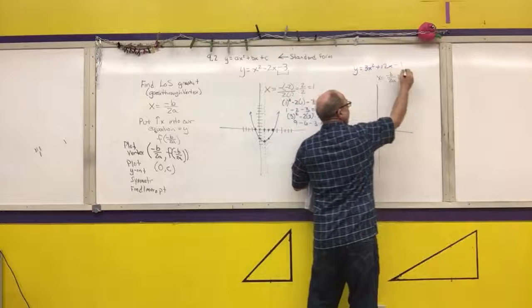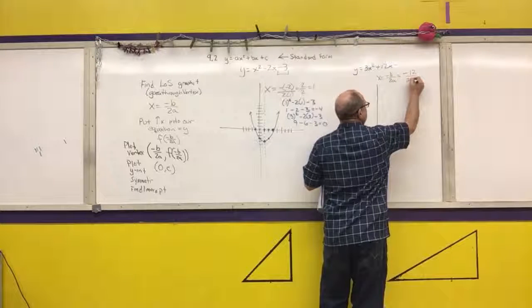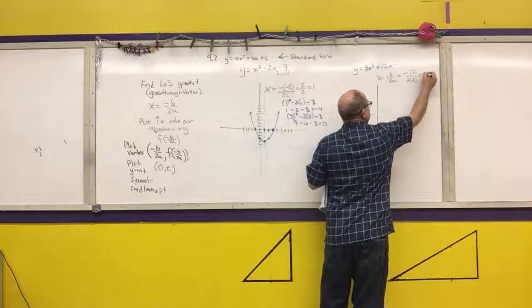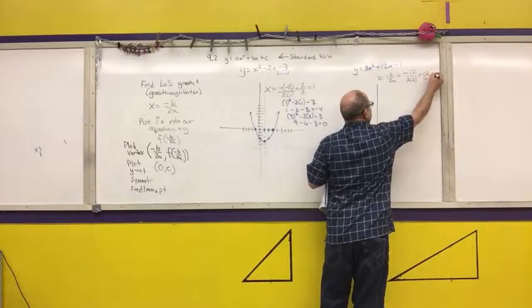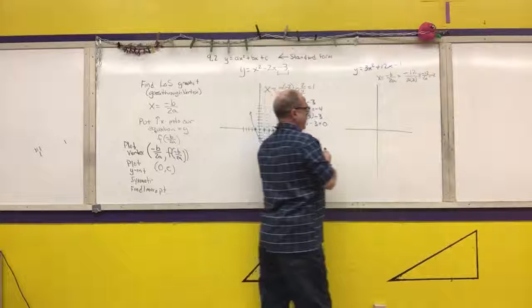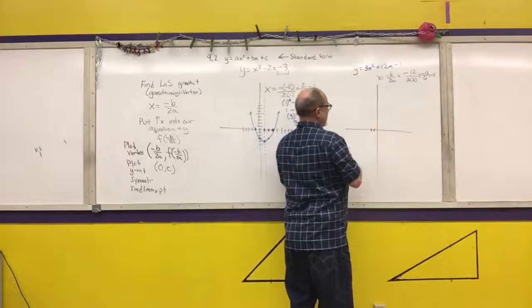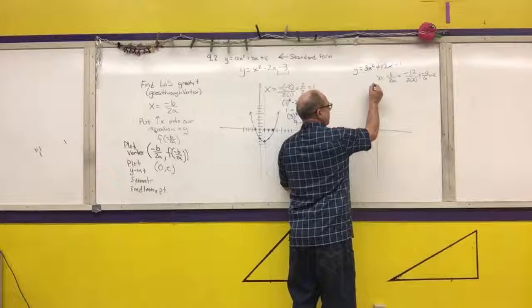That would be negative 12 over 2 times 3, which is negative 12 sixths, or negative 2. Okay, so the first thing I'm going to plot is a vertical line that goes through negative 2.